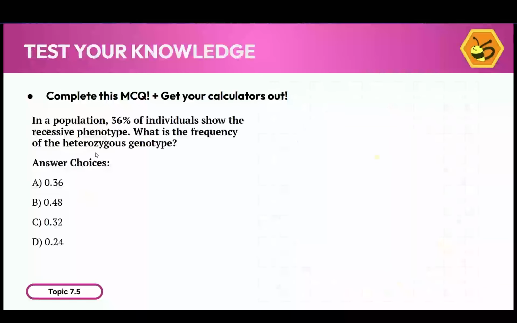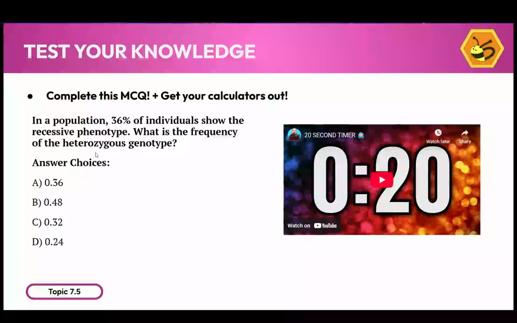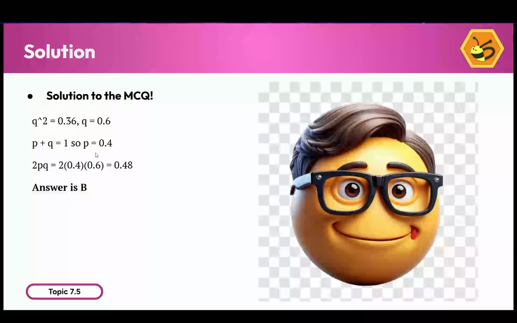Then to get the frequency of the heterozygous genotype, we do 2 times P times Q, which is 2 times 0.4 times 0.6, which is 0.48. Does anyone have any questions with that? I know it can be a little hard. All right, I shall wait.